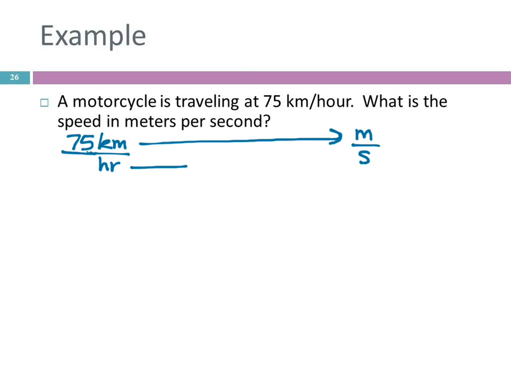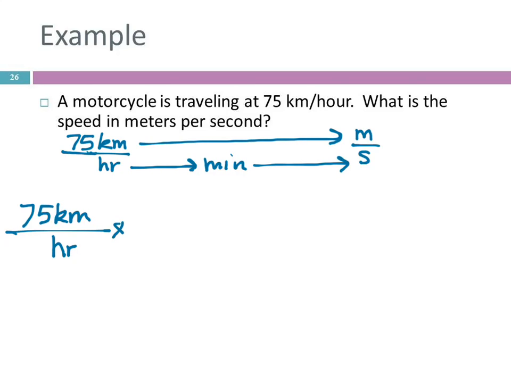Hours, we may want to go to minutes in the middle, and from minutes to seconds. There's actually going to be 3 factors. There's 3 arrows. We're going to have 3 factors. 75 kilometers per hour. I have 3 fractions.